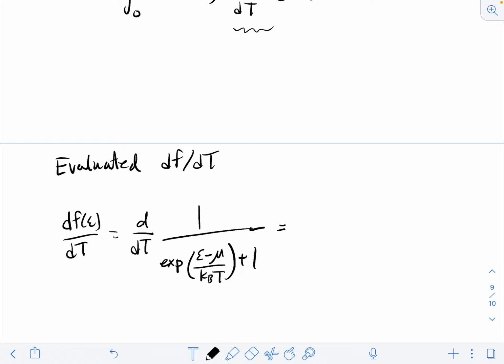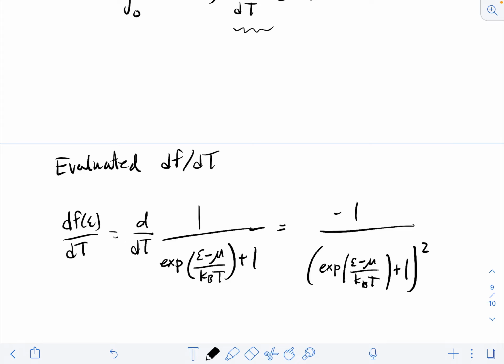We have to use a bunch of product rule and chain rule and so on. But the first thing that would happen is you would get the square of the denominator, plus 1 squared, and you'd pick up a minus sign.